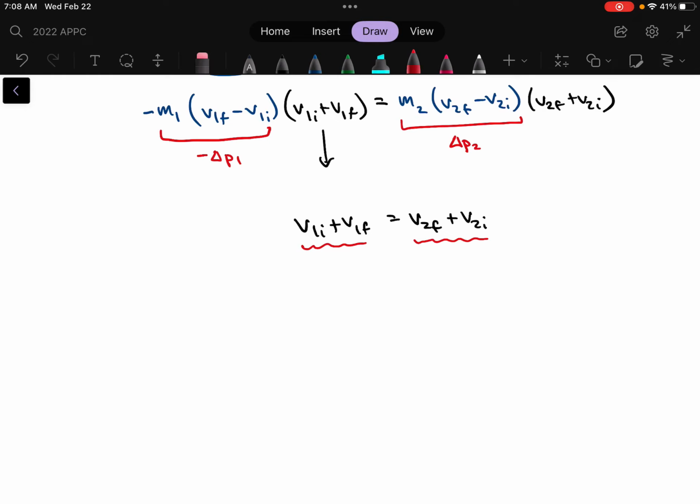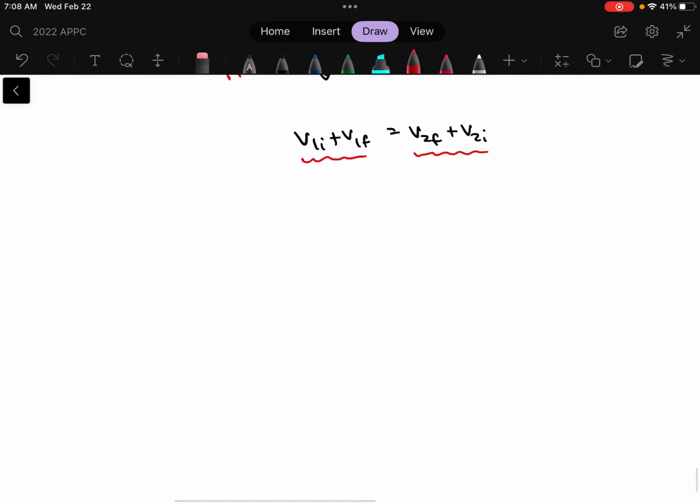Not necessarily the most fluid idea, but it still works. Alternately, we can move it around so that the initial values are all on one side and the final values are all on the other, which would give us v1i minus v2i equals v2f minus v1f.